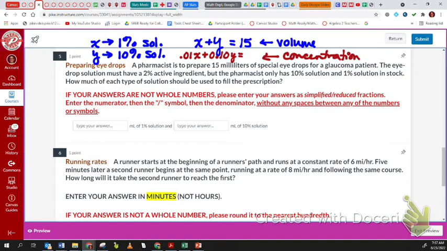So I need to multiply those two together to figure out how much active ingredient is present there. We want it to be a 2% solution of 15 milliliters, so 0.02 times 15. And then we can solve this using substitution or linear combination.